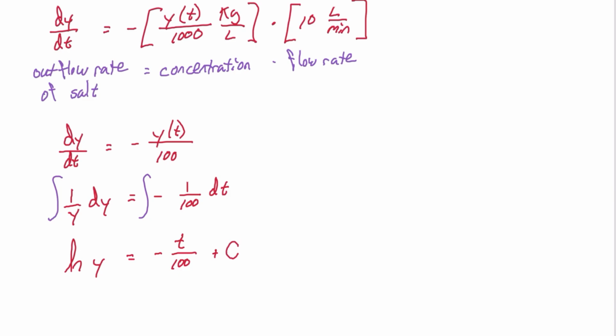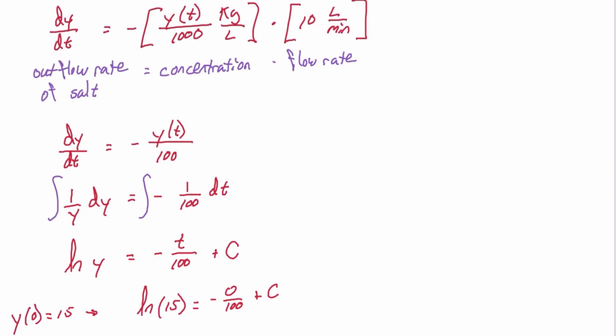At this point, we can use the initial condition, which we were told: y at time 0 is 15. So let's plug that information in. We have natural log of 15 equals, negative 0 over 100 plus c.